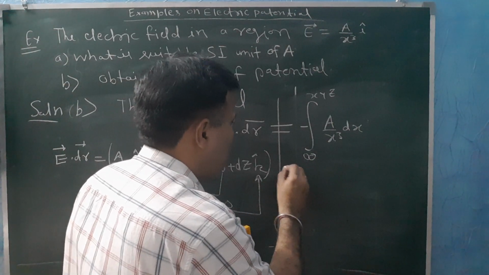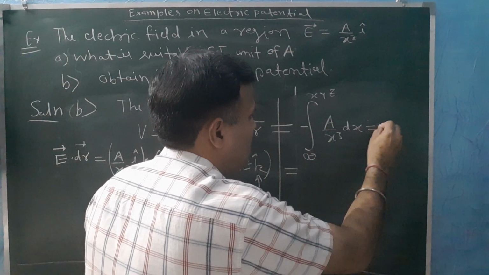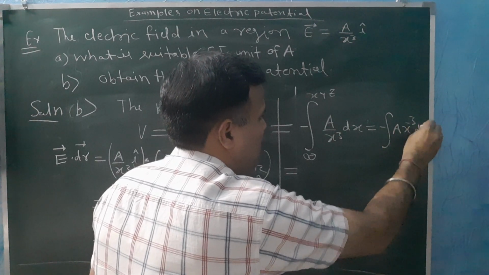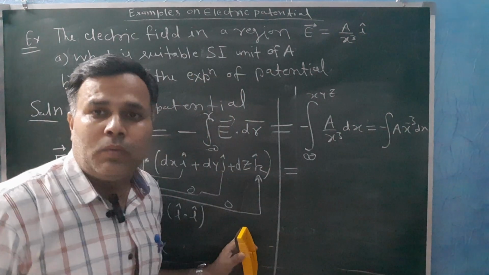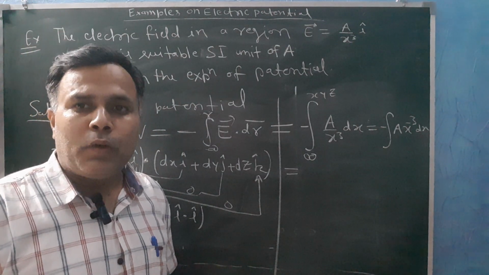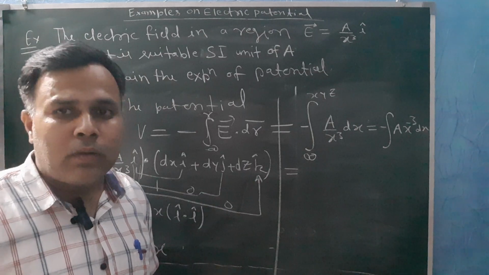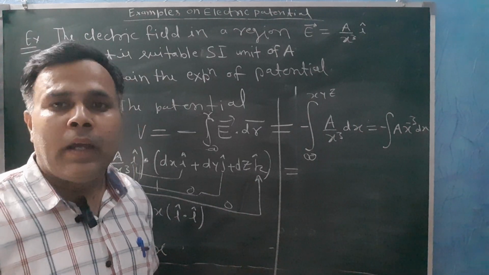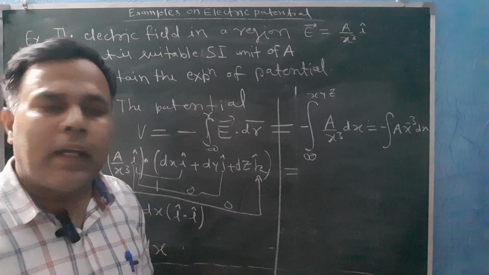Now if you evaluate this integral, this is simply a power x minus 3 dx. So we know the integration of x power n: if you integrate x power n with respect to dx, we will have x power n plus 1 divided by n plus 1.